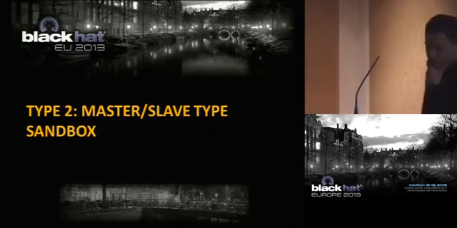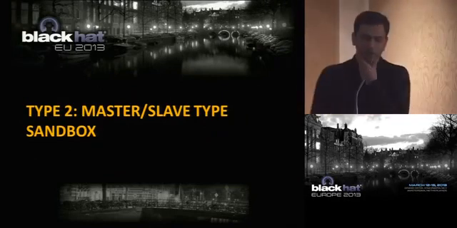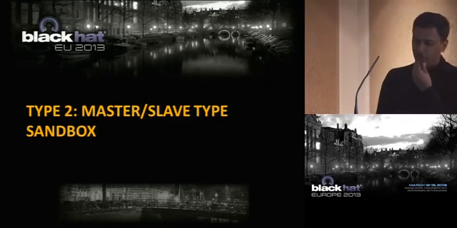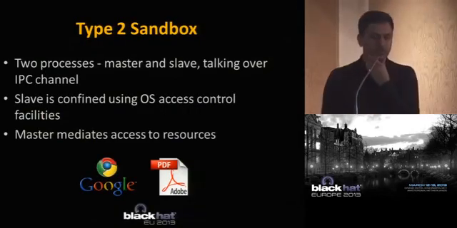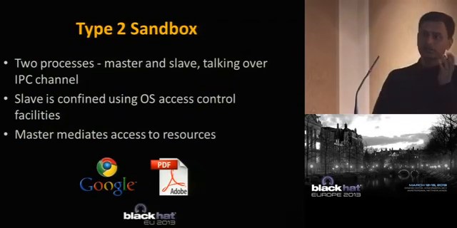Okay, great. So now that we have completely compromised the type 1 sandboxes, we'll go for the more interesting and far more prevalent ones, which is type 2. Type 2 sandboxes typically have two processes, and we are calling them the master and the slave, and they interact over an IPC channel.